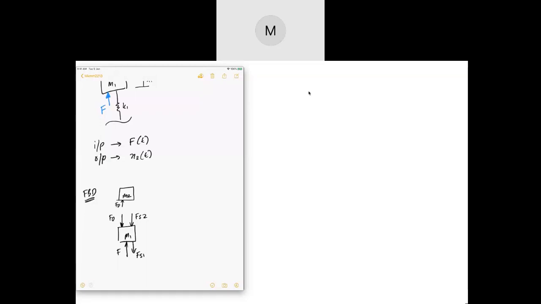For M1, FD and FS2 are going down. For M2, the FD and FS2 will go up. Why? Because of Newton's law, it will actually have an equal and opposite direction force. So FD and FS2 here, all right? So these are the only forces on M2, all right?